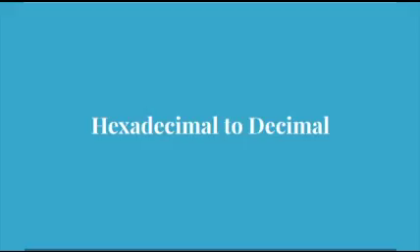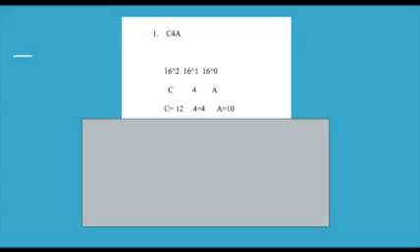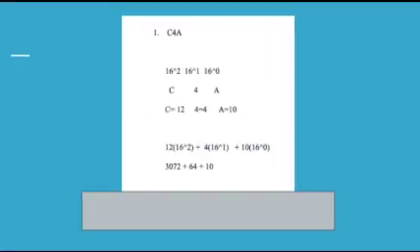Now I'll show you how to convert from hexadecimal to decimal through this problem. So it's C4A. First you want to convert your letters to numbers. So A is 10, C is 12, 4 is still 4, but it's just easier to replace it. Then, starting from the right, you multiply each by 16 to a certain power.